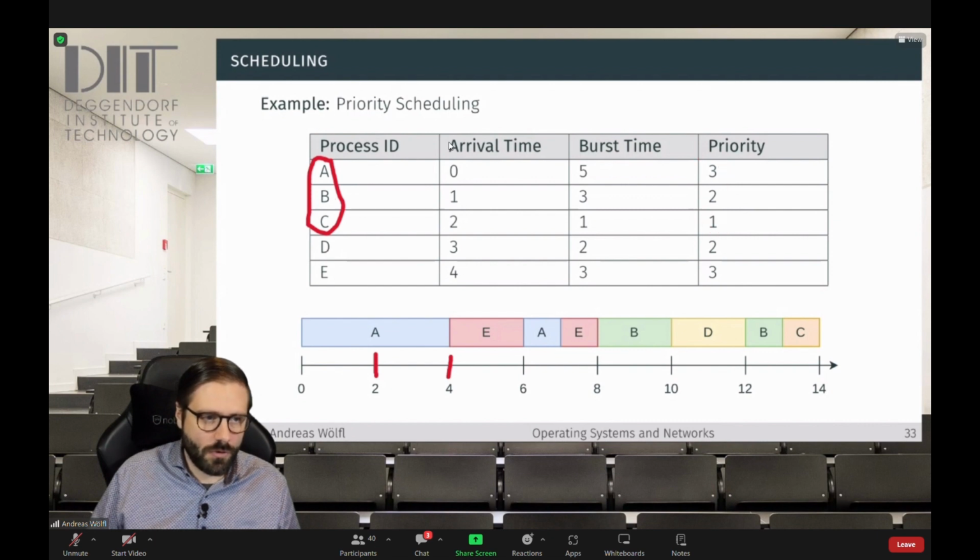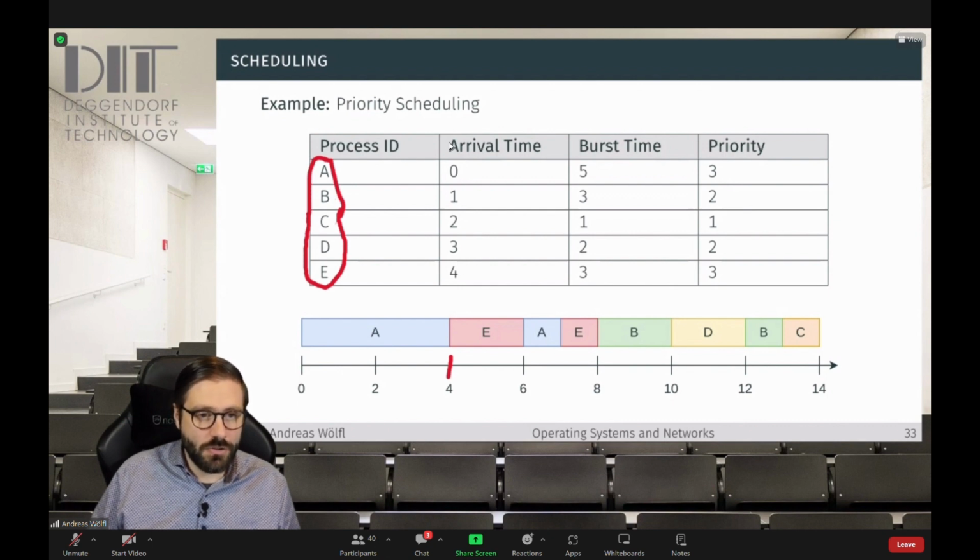At time 4, we do the next scheduling decision, based on all processes that we have, because E arrives at time 4.